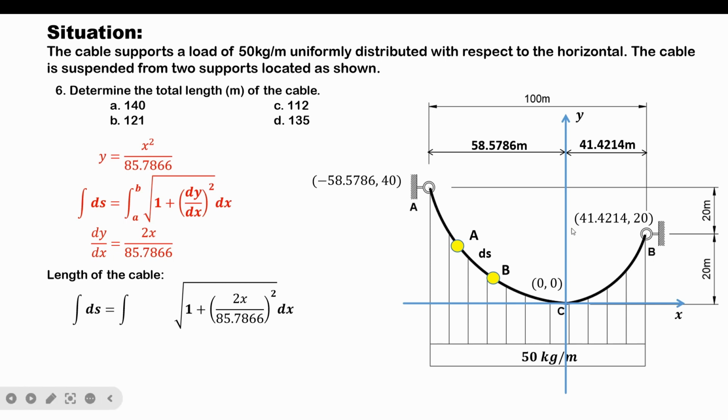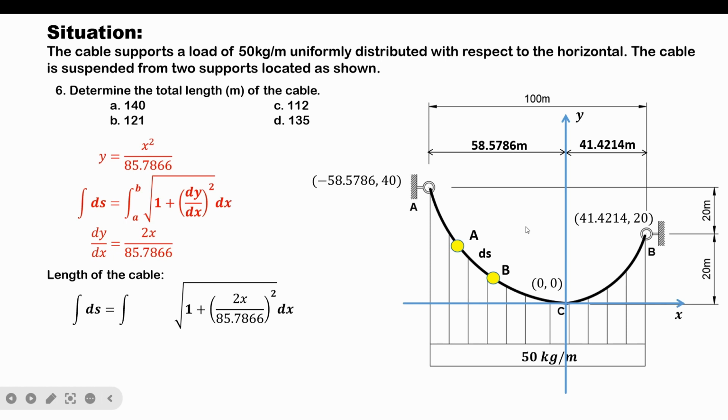And if you look at the figure, the start and end of the cable would be the points where the supports are located. Technically, the start would be the leftmost point of the cable, and the end would be the rightmost point of the cable. So the start would be point A and the end would be point B.